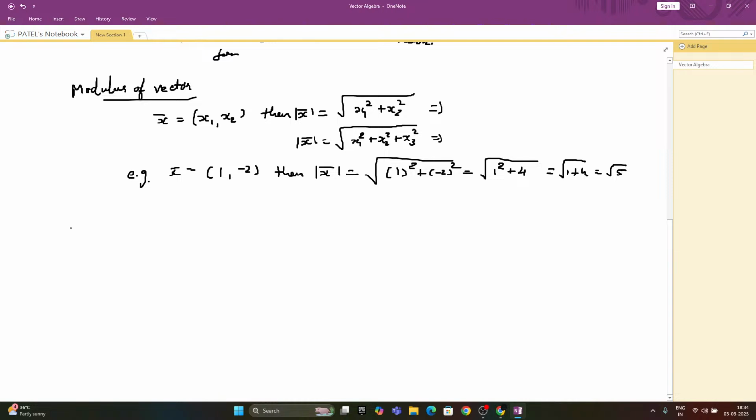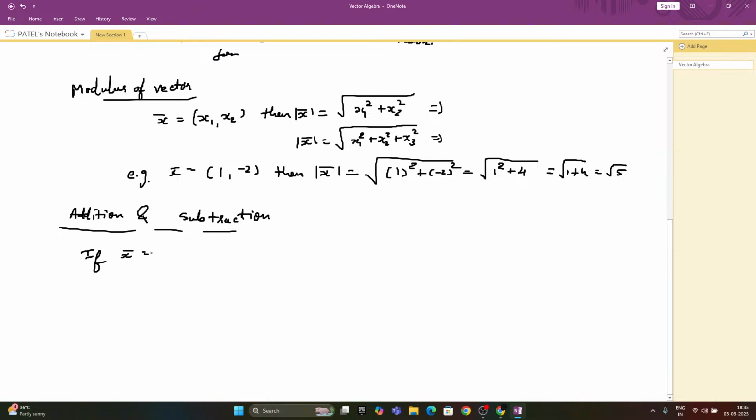Now we are going to solve the addition and subtraction of vectors.